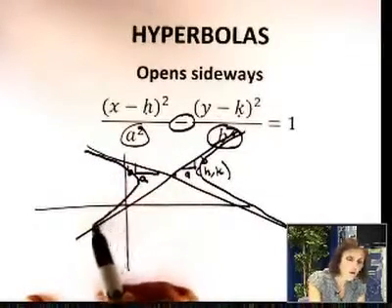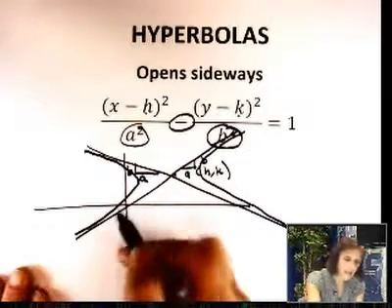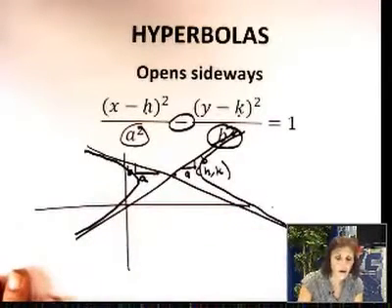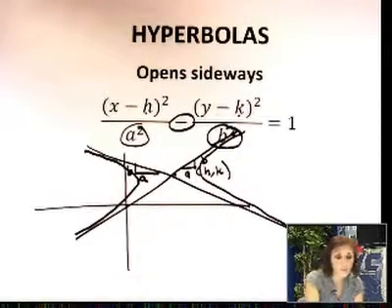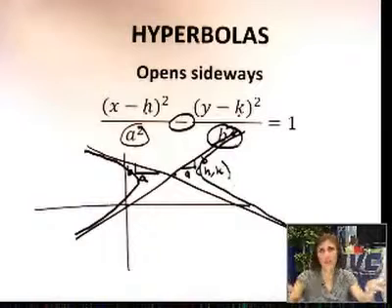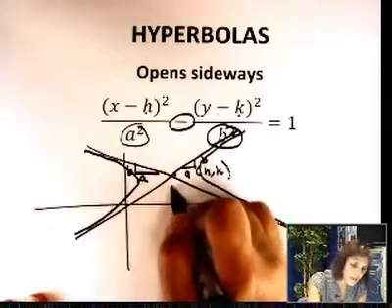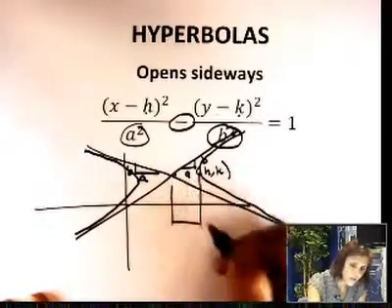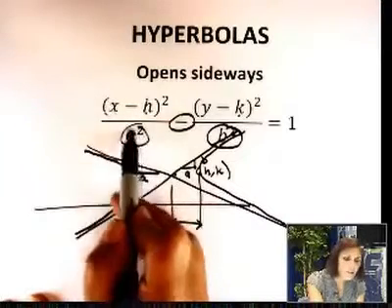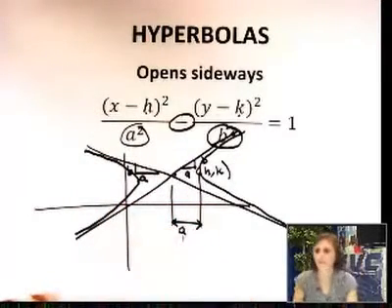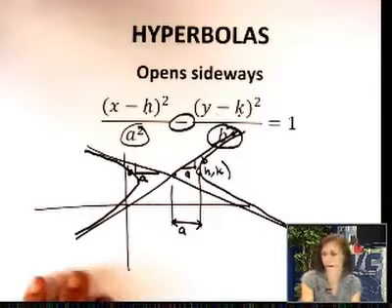So one way to remember that is when x is first, it kind of cuts the x-axis on both ways, and it's going to open to the sides, like that. Now one thing you have to remember, the distance between the center and the vertex is going to be this number, a. And that's all we're going to do. We're not going to worry about focus right now.